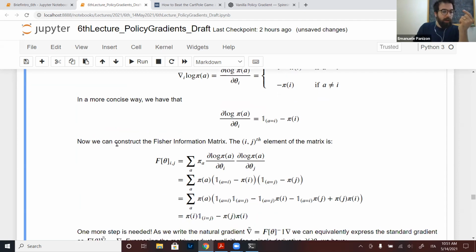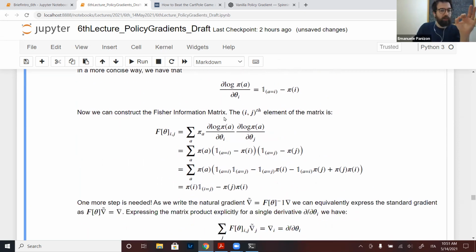Now we can construct mathematically the Fisher information matrix. The element ij, the first line, is the definition: the sum over all possible actions of the probability of taking that action, times the derivative of log π with respect to θi, times the derivative of log π with respect to θj. But we have just seen that each of these is given by the line here.